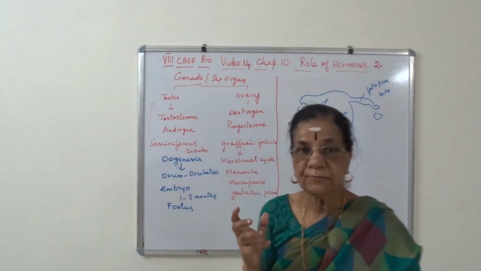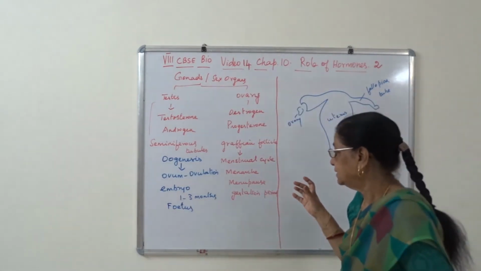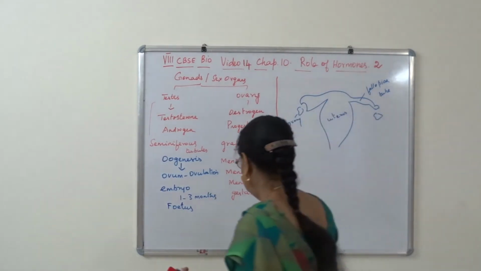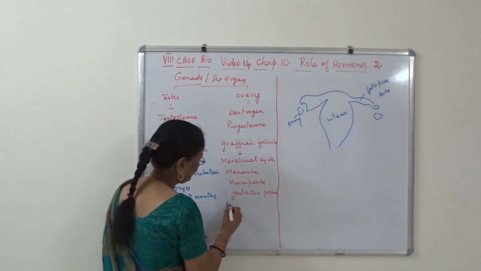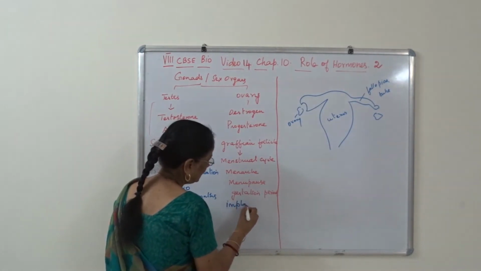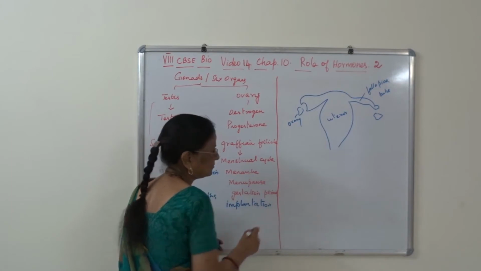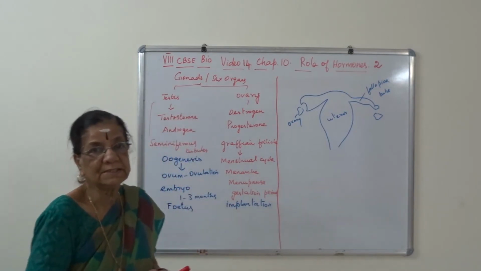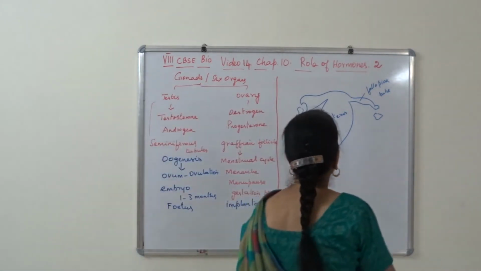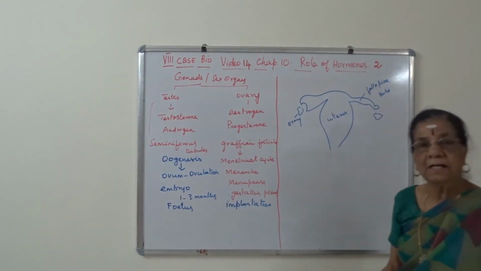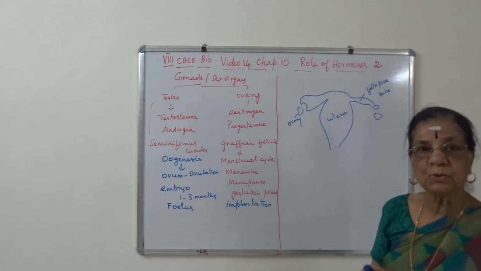Okay? Now, we come across another term called implantation. The fertilized egg has to be implanted in the uterine wall, and then it will start growing.